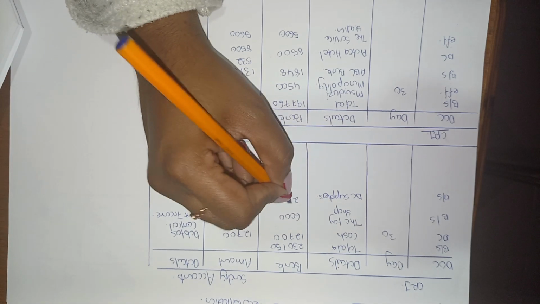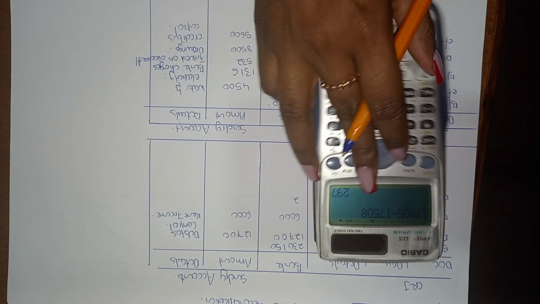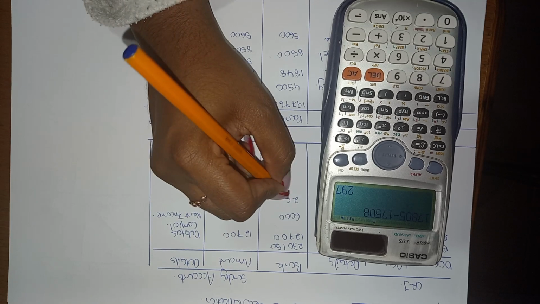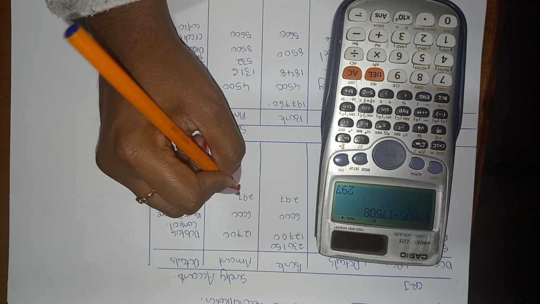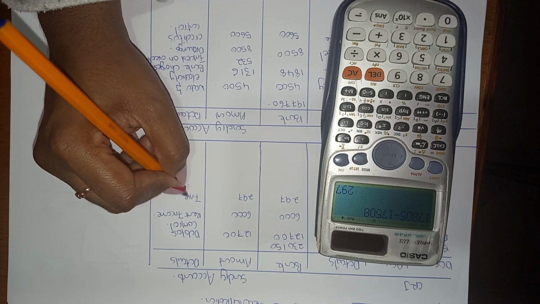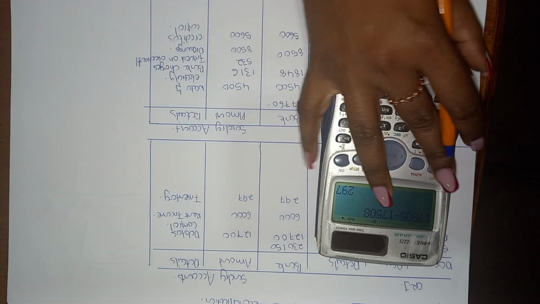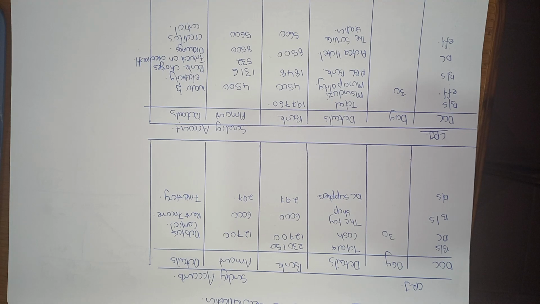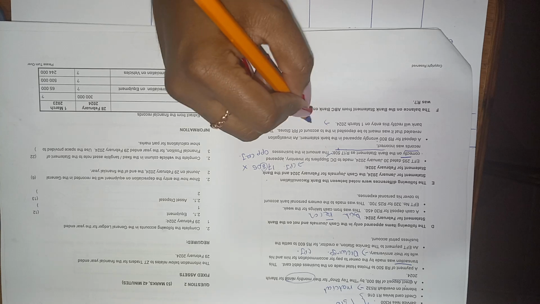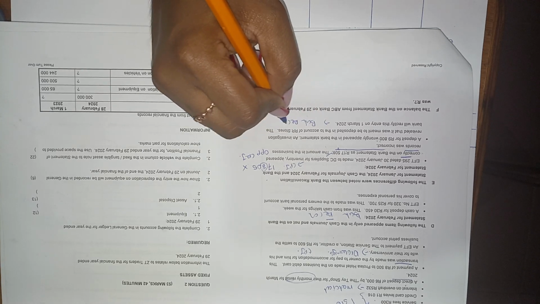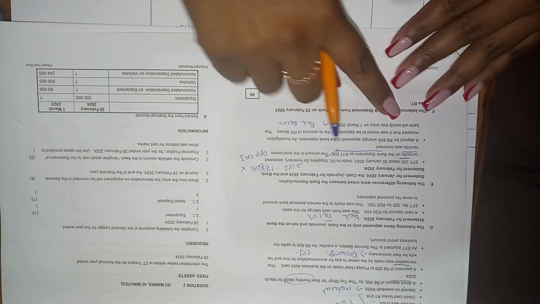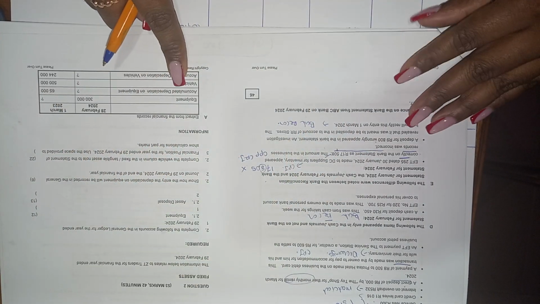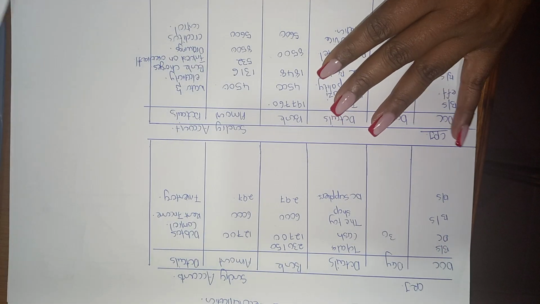How much was that? 297. And what was this for? This was for inventory. Okay, then because I had read the question earlier, I know that this adjustment here will go to the bank recon, right? And now there's no other information, so I am done with my journals.